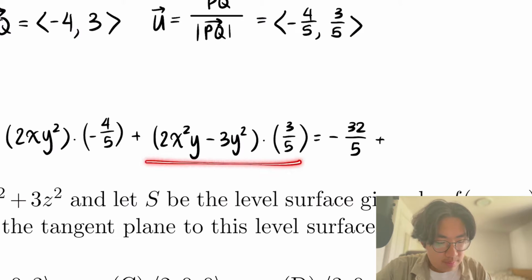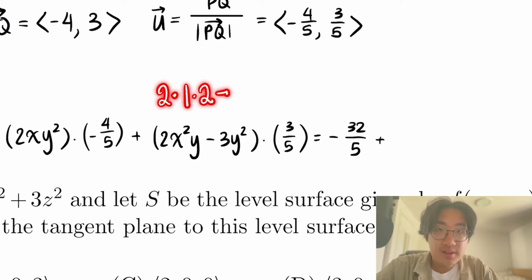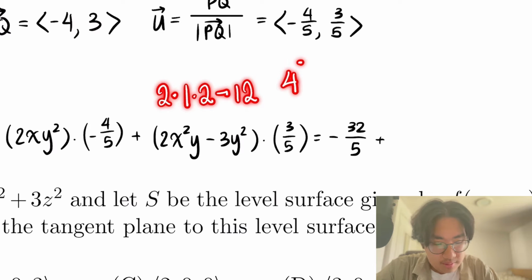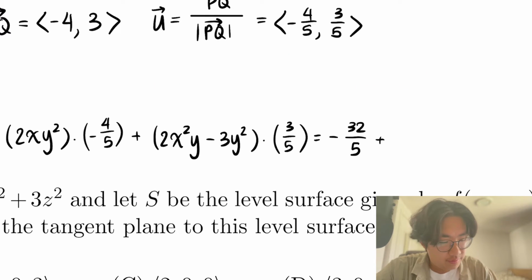And then over here, similar idea. We have 2 times 1 squared is just 1 times 2 minus 3 times 2 squared, so 3 times 4, so 12. So you have 4 minus 12, which is negative 8, and then negative 8 times 3, so negative 24.